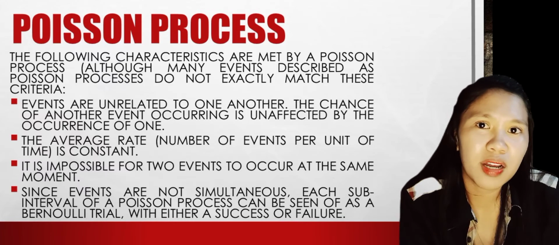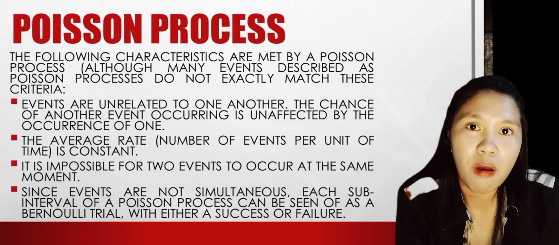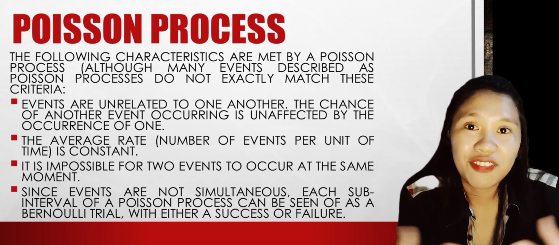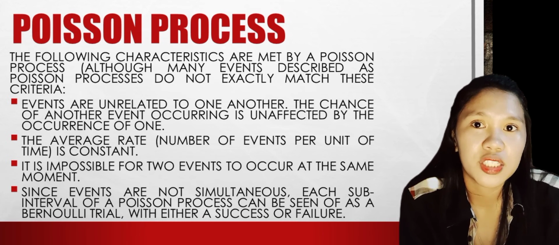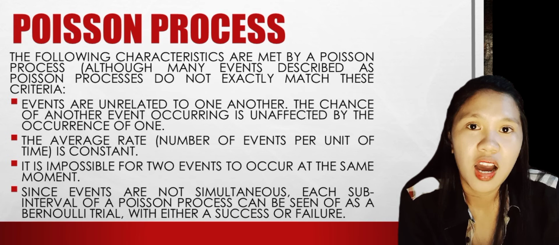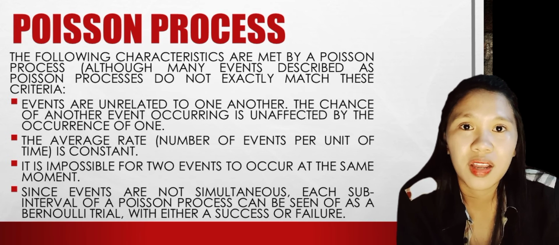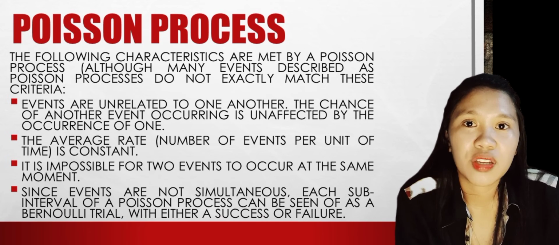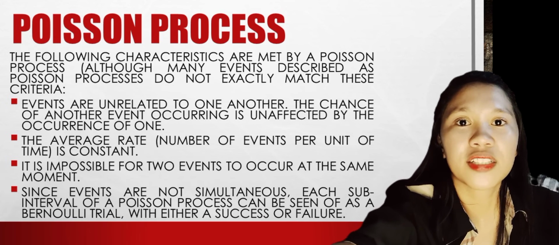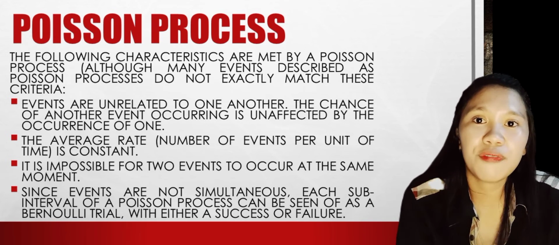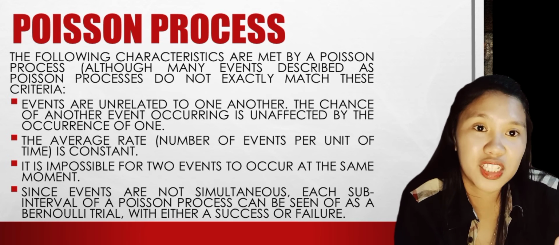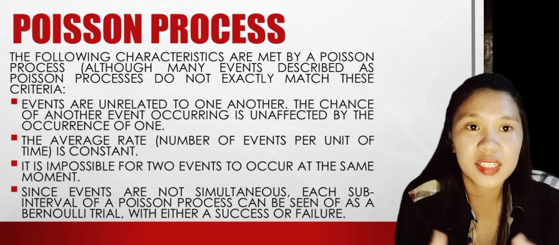The following characteristics are met by a Poisson process, although many events described as Poisson processes do not exactly match these criteria. First, events are unrelated to one another. The chance of another event occurring is unaffected by the occurrence of one. Second, the average rate, or the number of events per unit of time, is constant.